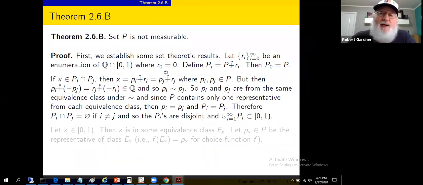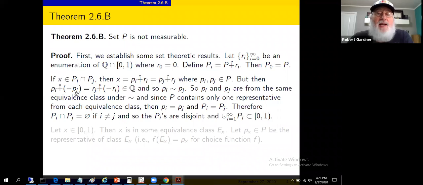So taking the r sub i to one side and the p sub j to the other side of the equation. This is happening under circle plus addition, so it's maybe not immediately obvious that these are equalities. Think arithmetic mod 1, and it should make sense. Then it should be legitimate to add the same thing to both sides, mod 1. But what we've got over here is a circle plus sum or difference of two rational numbers, and that's going to be rational.